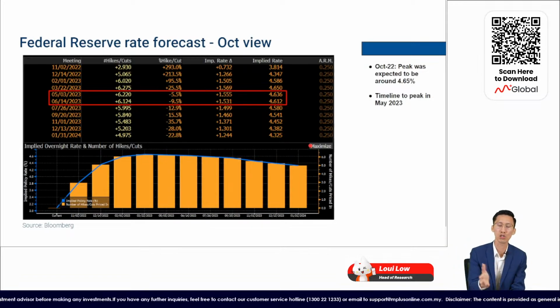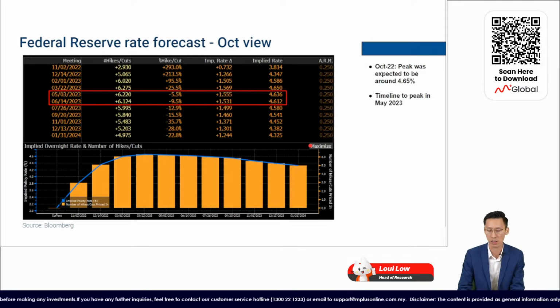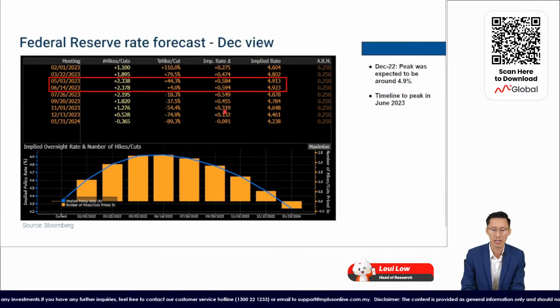That was during October, and right now we are in April. Another view is the Federal Reserve rate forecast in December. They are also expecting that May and June will be the timeline for the peaking of the interest rate.